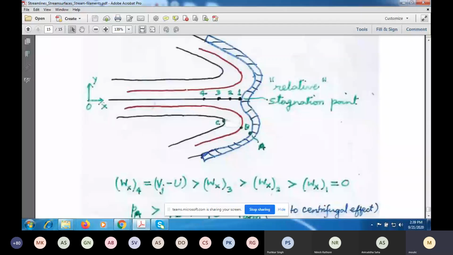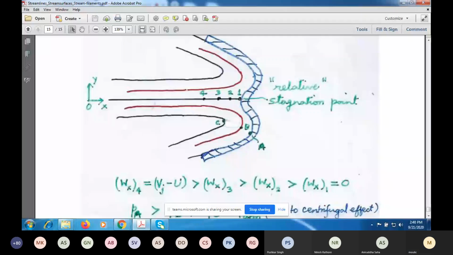Okay. So now what will happen is there are two tangents at a point on the streamline. Now there can be two tangents only if the direction is undefined, that is if the magnitude of the velocity, or in this case the relative velocity, is 0. So by looking at the streamline or the relative streamline, you can identify which is the stagnation point.